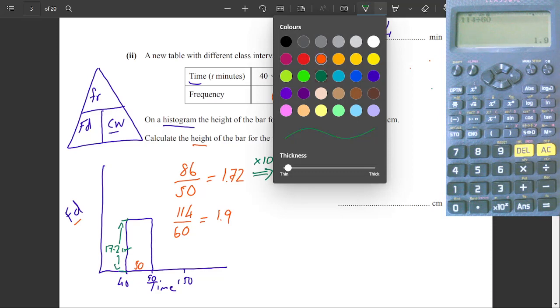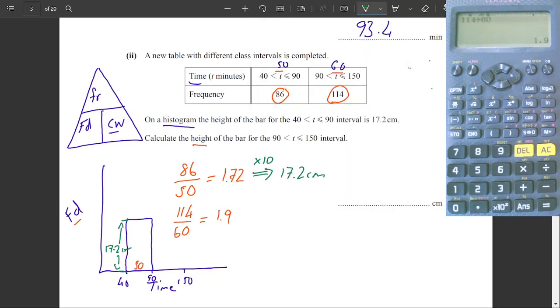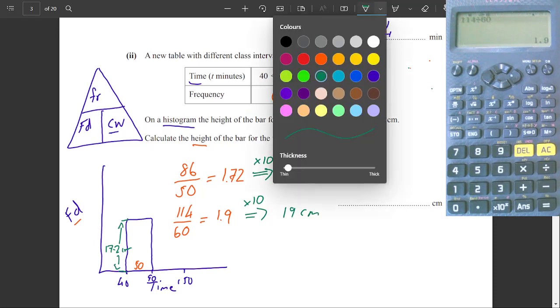So before, when it was 1.72, the height was 17.2 centimeters. Now, what will be the height? Yes, of course, we times it by 10 and we get 19 centimeters. And that is the correct answer.